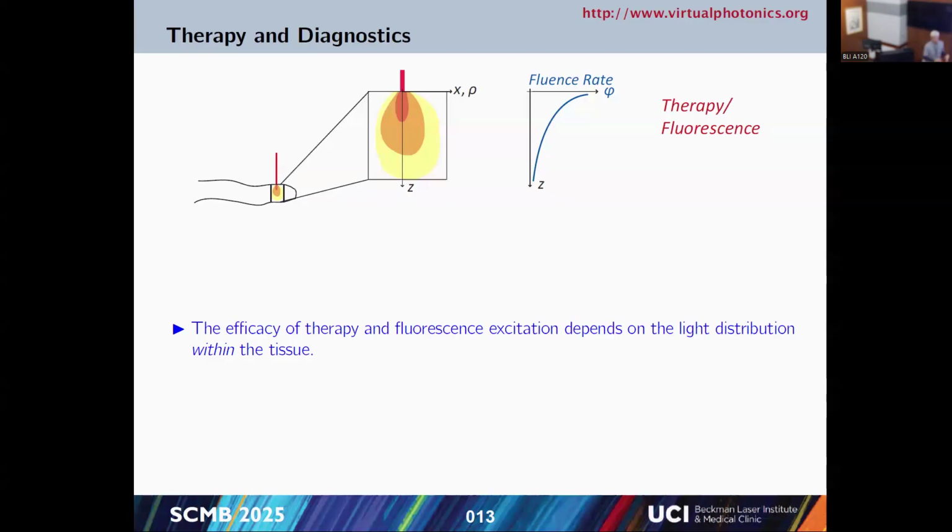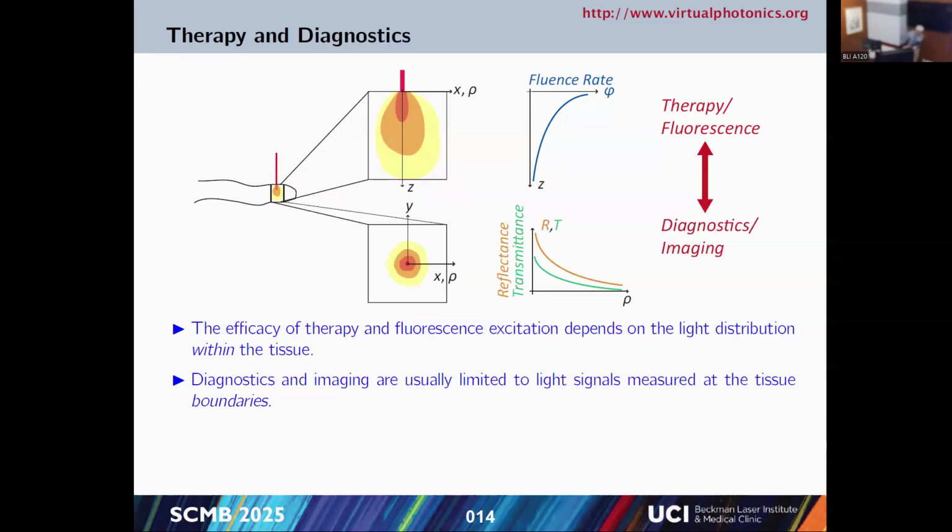So the first step in actually modeling fluorescence emission is first defining what's called the excitation field, okay? How much light do you have available to excite your fluorescence? So you're very interested in both therapeutic and fluorescence applications: what is the volumetric distribution of light within your tissue? And the efficacy of those applications really depends on that volumetric light distribution.